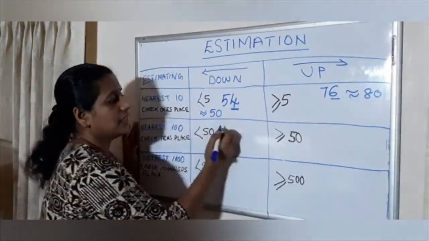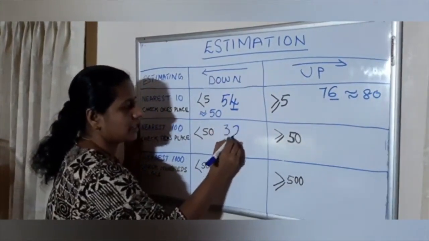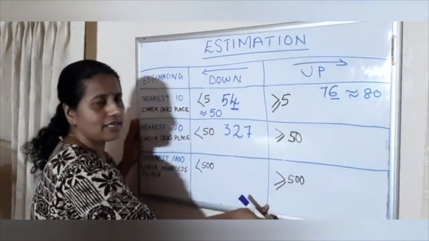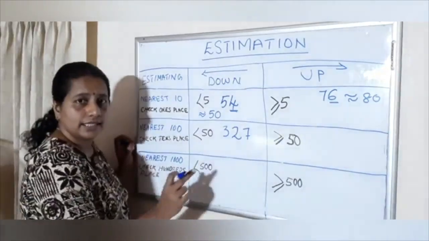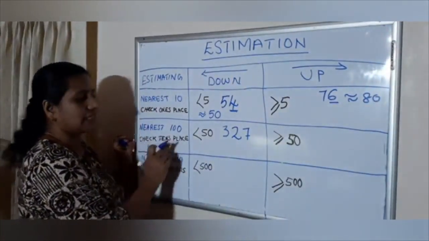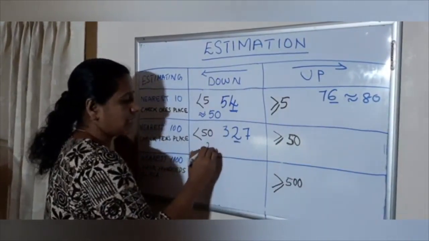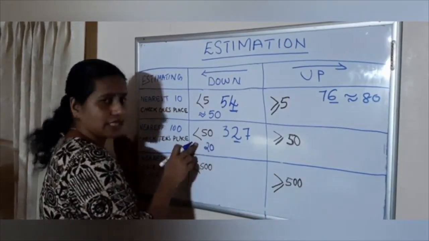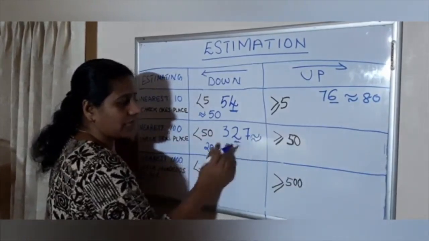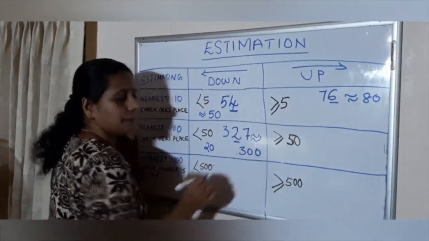For example, 327, then here we have to check the tens place. 2 is in the tens place, so our place value is 20. 20 is less than 50, so we are rounding it down to 300.